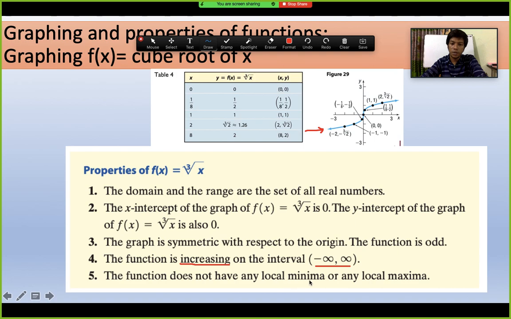The function does not have any local minimum or any local maximum because on both sides we have infinity. There is no local minimum or maximum here. Suppose there is some figure like this, then we can say that there is a maximum here, a minimum here, another minimum here, another maximum here.